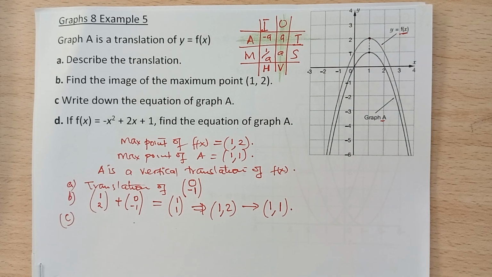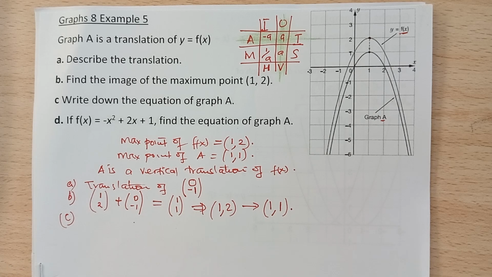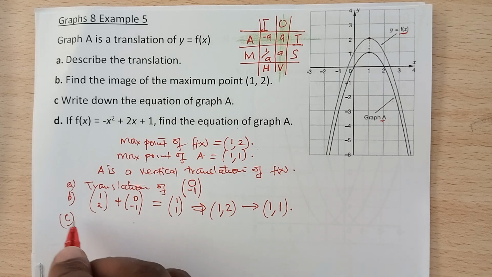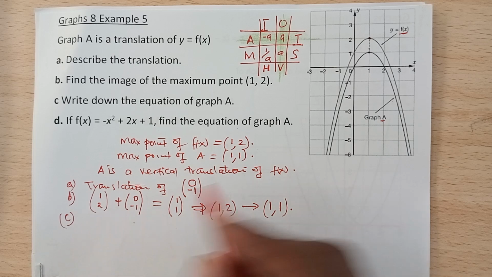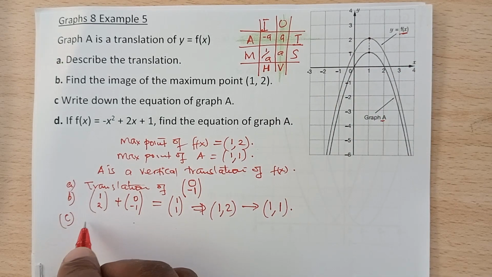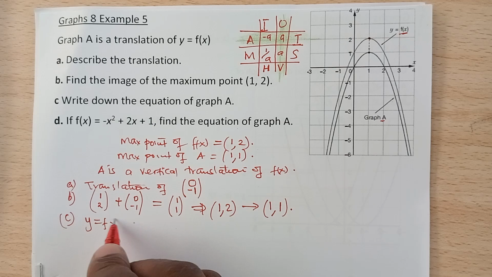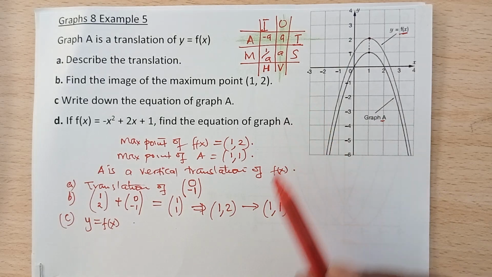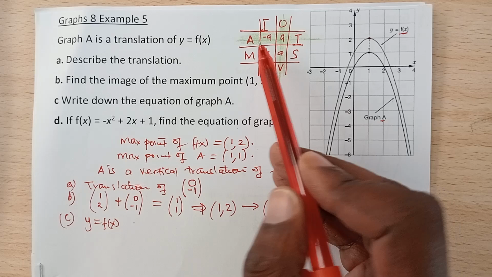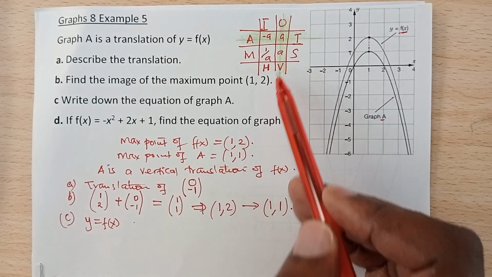Part C of the question: write down the equation of A. Anytime we are expected to write down the equation of A, we know the original function was y equals f(x). For us to achieve this kind of translation, we have to have addition outside.